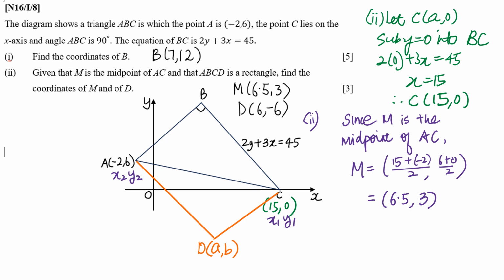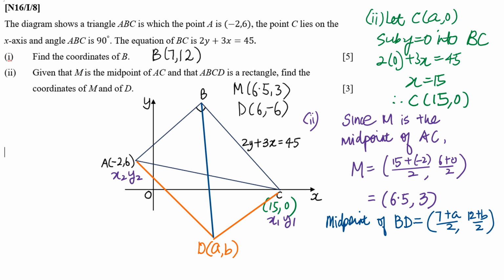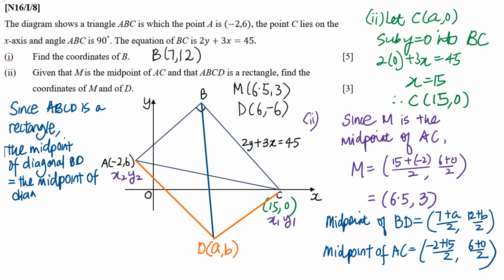So what we're going to do is find the midpoint of your diagonal AC, and also the midpoint of your diagonal BD. Right. And as I explained earlier, because ABCD is a rectangle, the midpoint of the diagonal BD will be equal to the midpoint of diagonal AC.